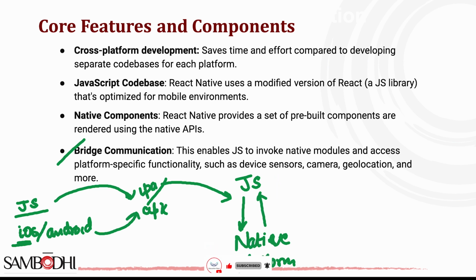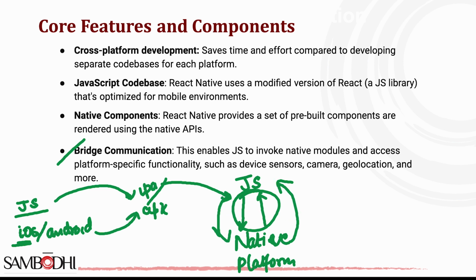So whatever is happening on the JS side needs to be encoded or serialized and sent to the native platform side, and the native platform has to deserialize it, check what is being performed on the JS side, and then serialize the response and send it back to the JavaScript side. Now the JavaScript side needs to decode this and understand what change has to be made on the UI side.